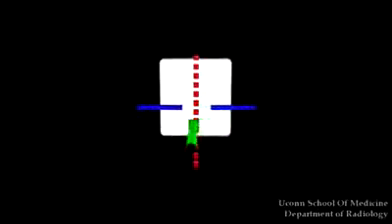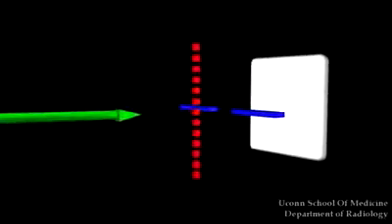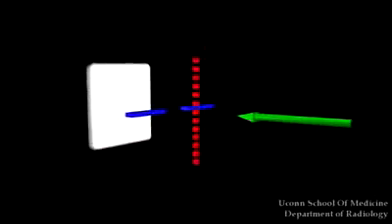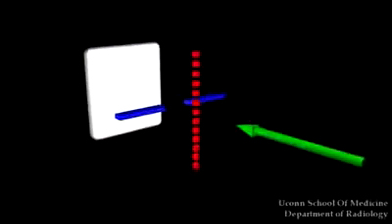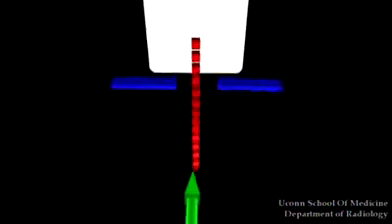The green arrow represents the direction of the X-ray beam as it passes through your tissues and strikes the image detector represented by the white box. The blue rectangular boxes are supposed to represent your clavicles, and the red line of cubes are supposed to represent your vertebral bodies. Now we're going to fly over.